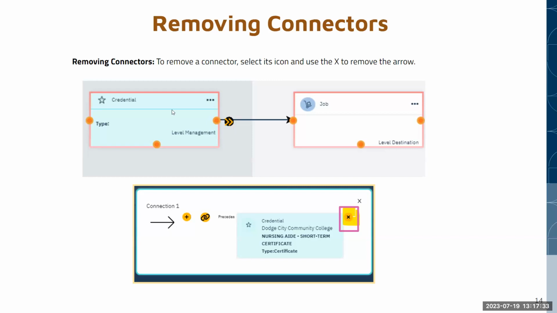In this particular case, this card has 1 connection going from the credential to the job. I opened it up and it's literally showing that I have 1 connection, and I can click to remove that connection. So I just click the X here and the arrow will disappear, or the connector will disappear.